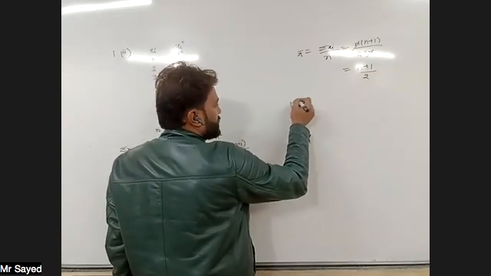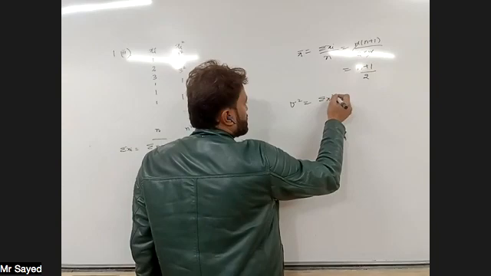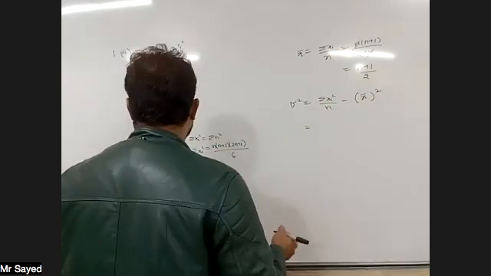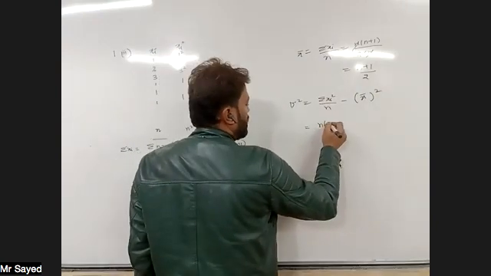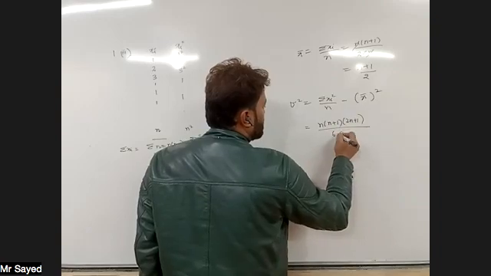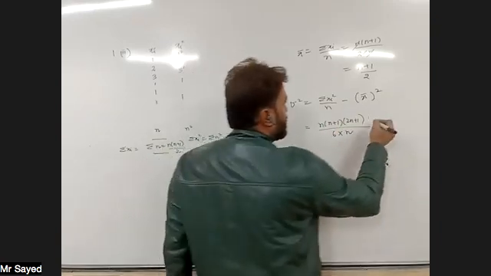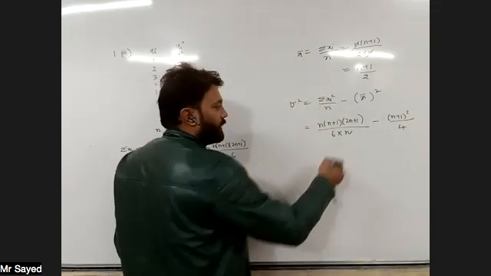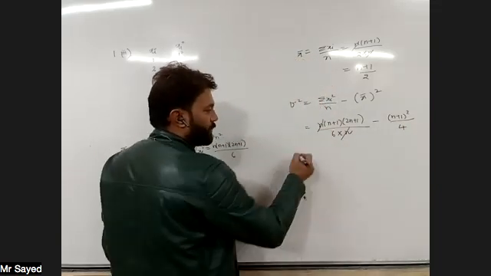Then variance. Variance is equal to summation xi square upon n minus mean of whole square. Now summation xi square is n plus 1, 2n plus 1 whole upon 6 into n, minus mean of whole square, so n plus 1 of whole square upon 4. Now this n and this n cancelled. What can we take common?